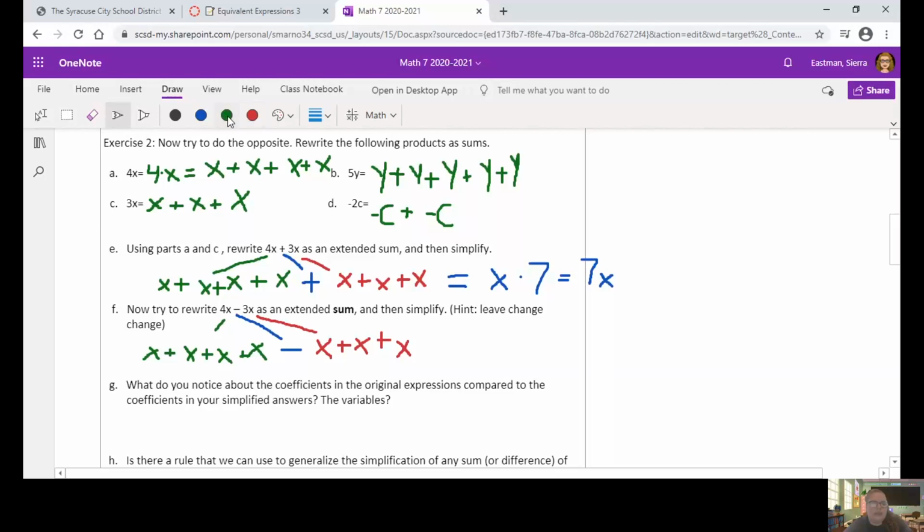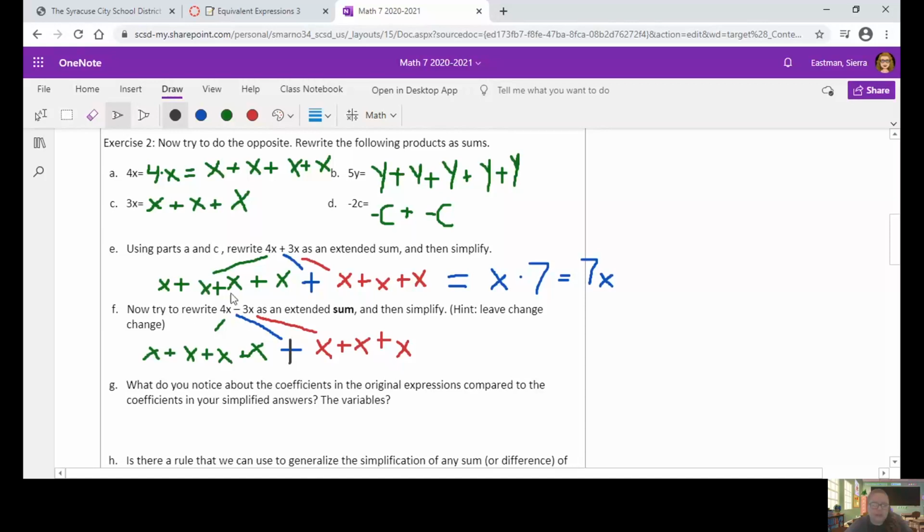If I am going to use leave, change, change, okay, I leave that first term alone. I have to change my operation right in the middle. So I'm going to do that in black here. I'm going to change it to addition. And then I'm also changing the third term, right? But here's where you want to be careful.